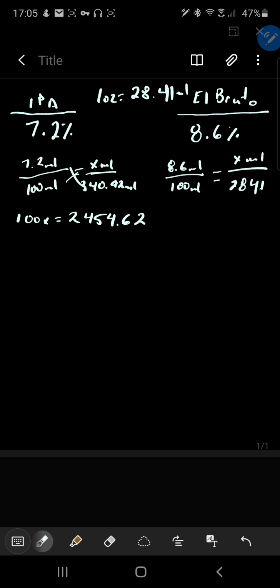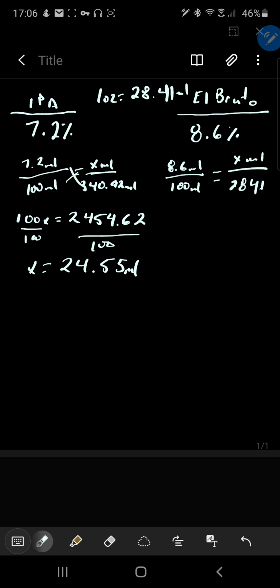So 2,454.62, and in order to solve for x, or to isolate the variable, we're going to divide by 100 on each side. This moves your decimal places over 2, and so x equals 24.5. Then taking a look at the hundredths place and determining whether or not we're going to round that, we look at the thousandths, and because it's over 5, go ahead and round that up to 24.55 milliliters, and that is how many milliliters of alcohol you're going to get in a 12-ounce pour of the IPA.